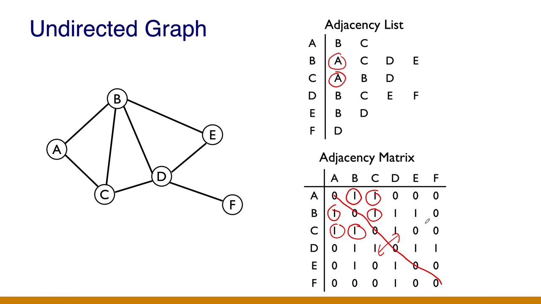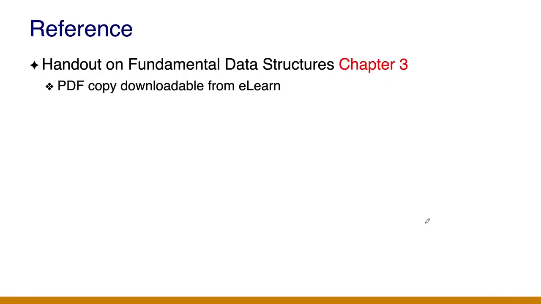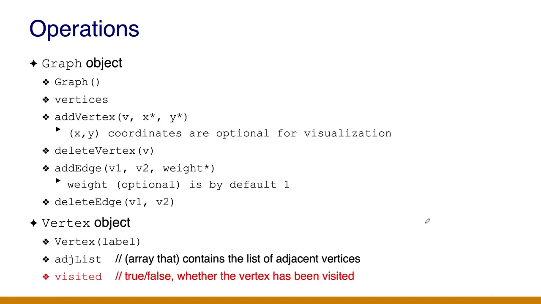So this is basically the abstract definition of this particular data structure. Next we'll be seeing the more detailed implementation. As always, if you want to go over the hands-on exercises and experimentations, you can refer to the third chapter of our handout. You can again download it from eLearn. So these are the properties and also the methods that are available to the graph data structure.